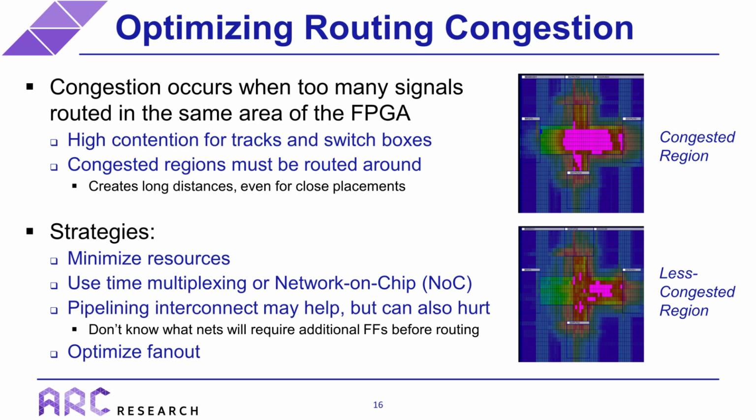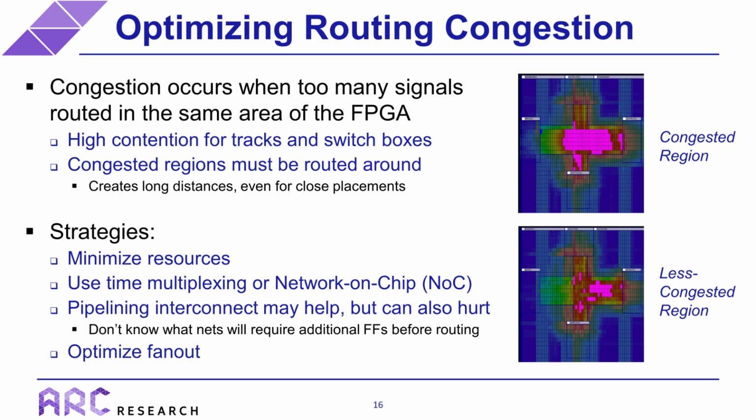The top example routes a large amount of signals through the center of this design, which creates a significant amount of congestion. Now the lower example has less congestion, which will be made possible through various optimizations. The problem with routing congestion isn't the congestion itself.